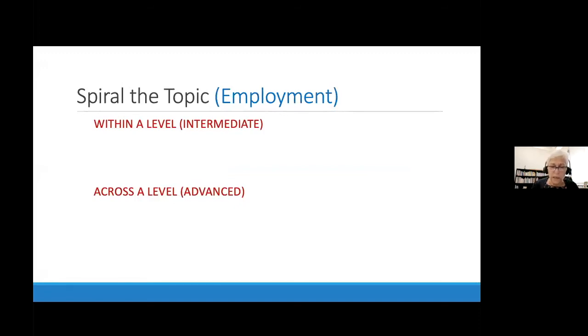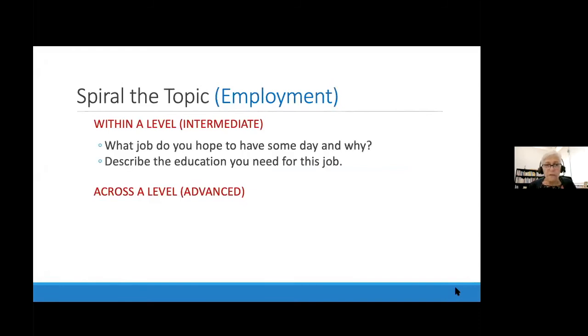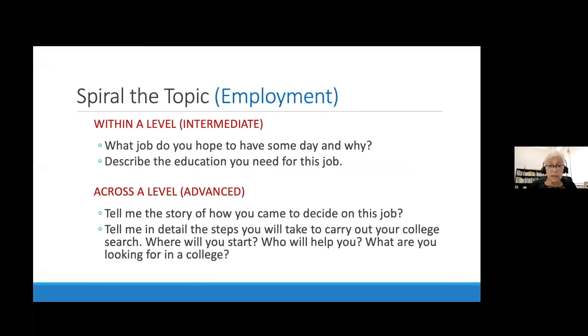So spiraling the topic within a level on the topic of employment. What job do you hope to have someday and why? Describe the education you need for the job. Sentence level responses about familiar contexts.